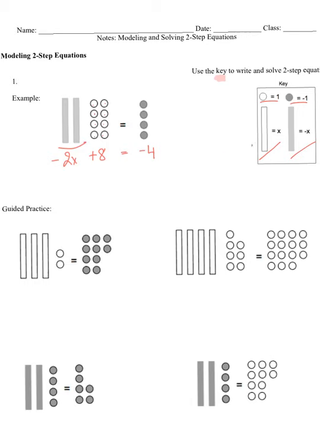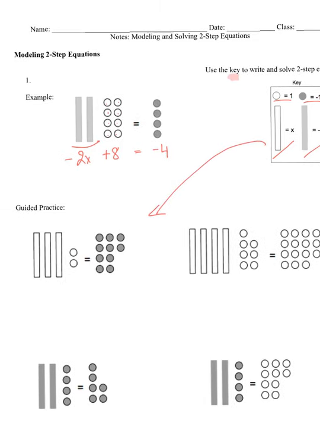So again, please use these keys for this guided practice. We see 3 positive x, 3x, plus 2, equals 1, 2, 3, 4, 5, 6, 7, 8, 9, 10, negative 10.